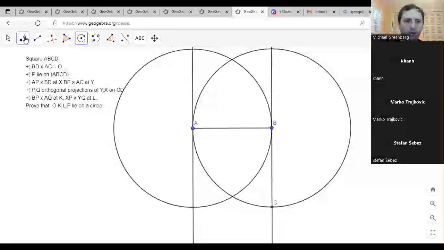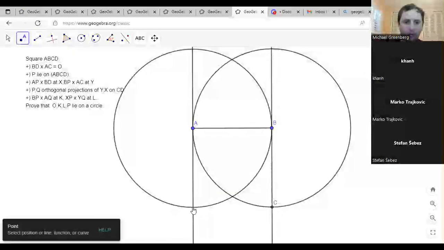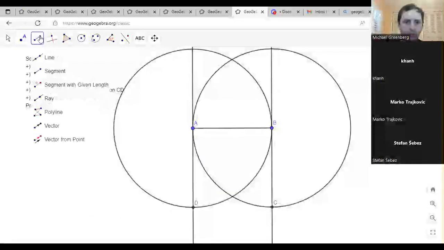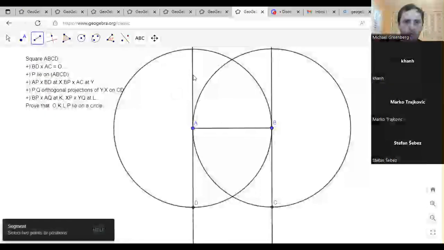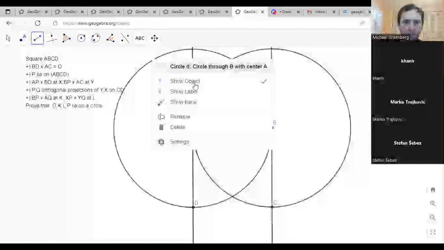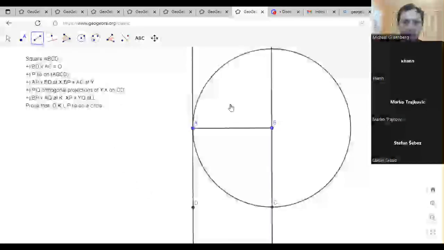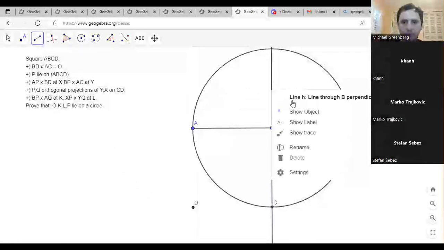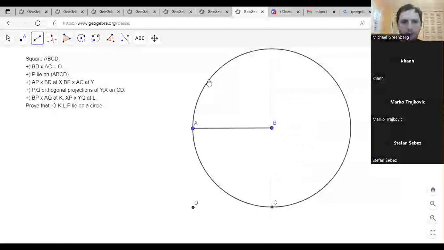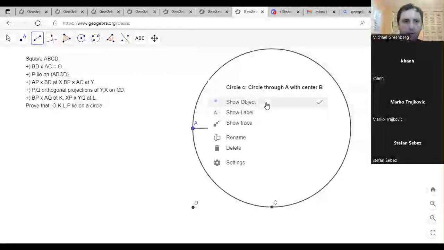All right, so we have a square with center O, and P is any point on the circumcircle.